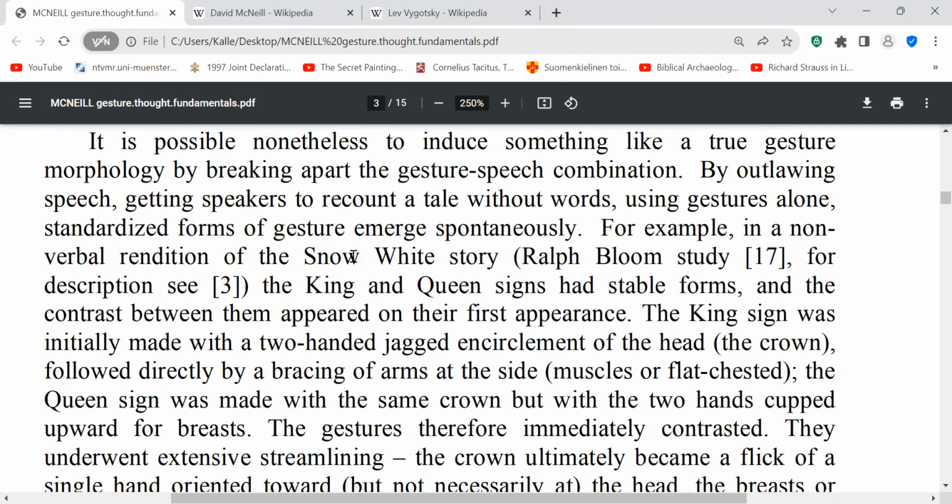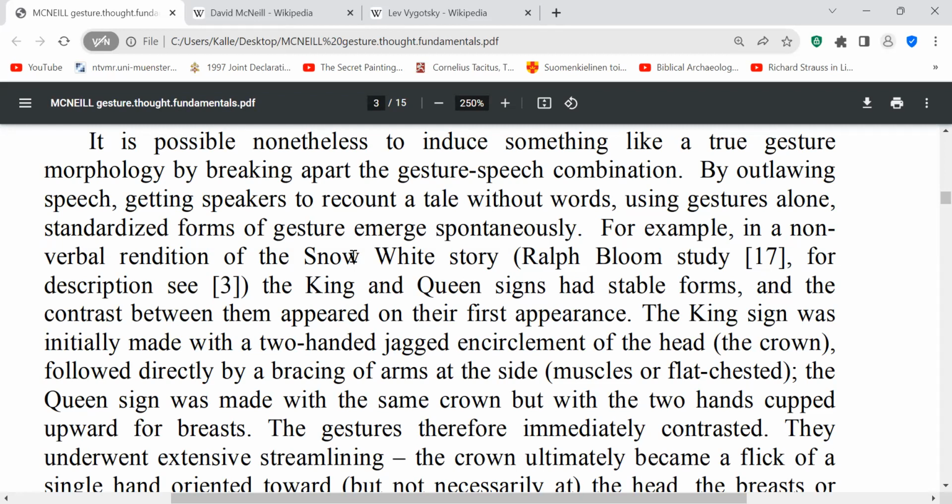It is possible, nonetheless, to induce something like a true gesture morphology by breaking apart the gesture-speech combination, by outlawing speech.